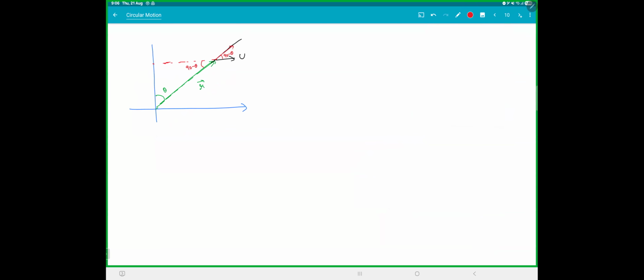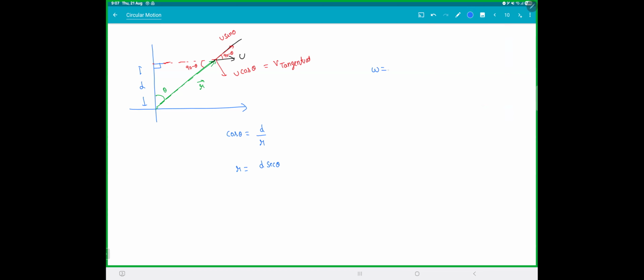So this component will be u cos 90 minus theta, that will be u sin theta. And this will be u cos theta. So u cos theta is your v tangential. And in this triangle here, this distance is d. Cos theta is equal to d by r, so r is d sec theta.